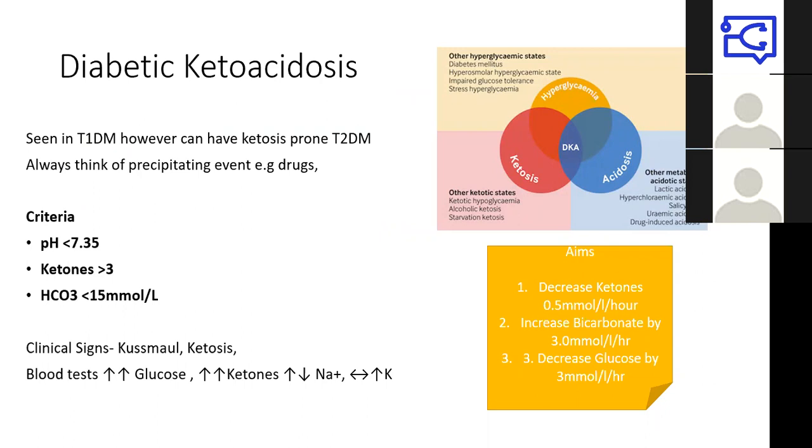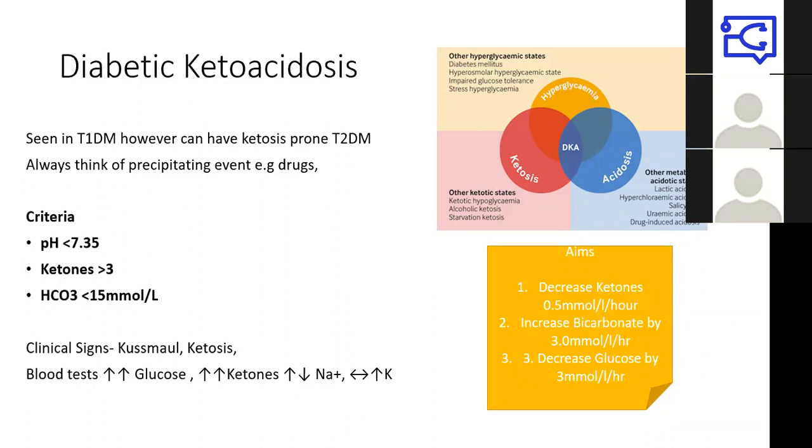And there's usually a precipitant. Whilst it can be the initial presentation, usually infection, discontinuation of insulin, which we're seeing quite a lot during these corona times, people stop taking insulin for some reason, stroke, MI, these are all causes for why your insulin requirements can go up and why you can precipitate DKA.